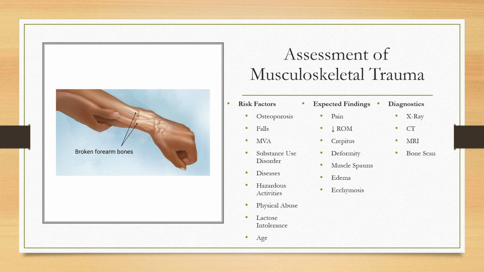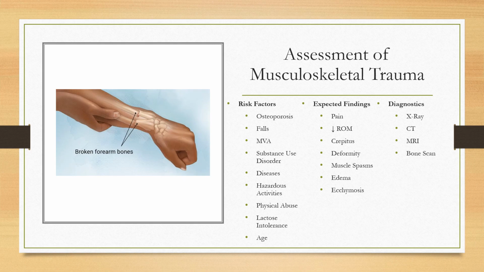Deformities, right? If it's a displaced fracture, it's going to have a deformity. Muscle spasms around the fracture. Muscles go into spasm because they're trying to hold the fracture tight. So muscles go into spasm to try and protect the fracture. Edema at the site, and then bruising, ecchymosis.